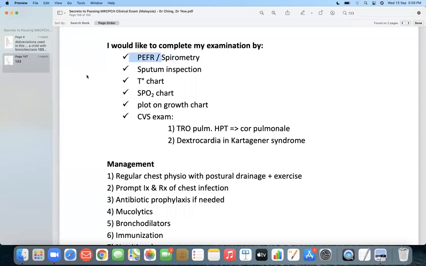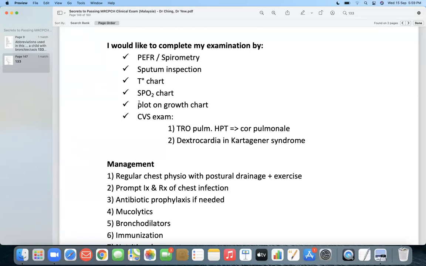Again, depending upon the age of the child, if more than 5 years, say PEFR, no problem. So peak expiratory flow rate and spirometry. Then sputum inspection, and you told that you want to send the sputum for culture.